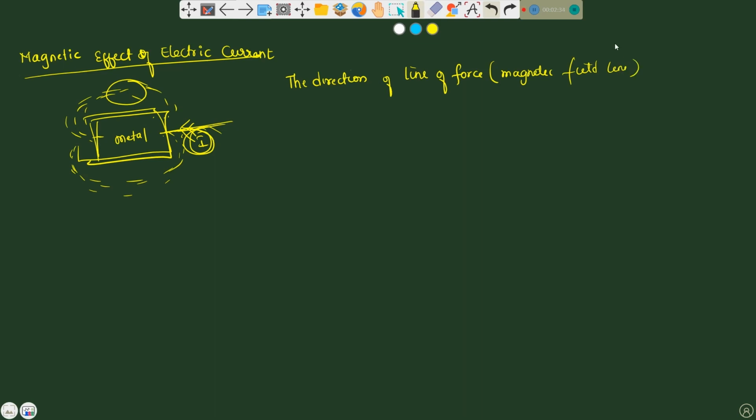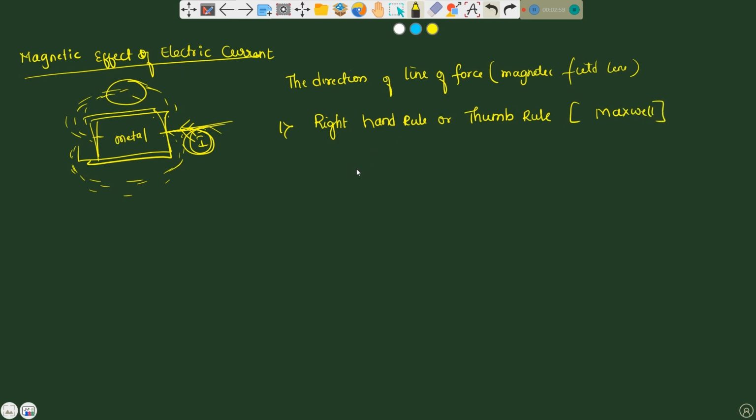One is the right hand rule or thumb rule. This is not the right hand rule of Faraday, or Maxwell.